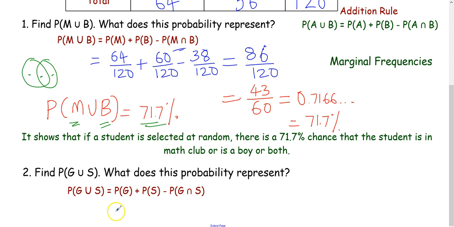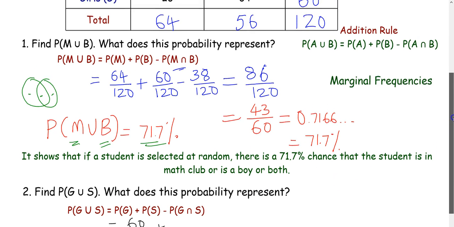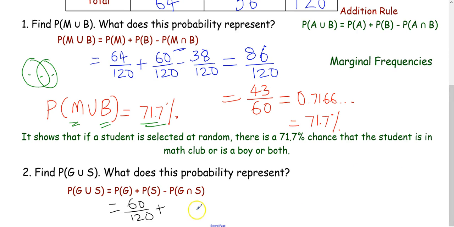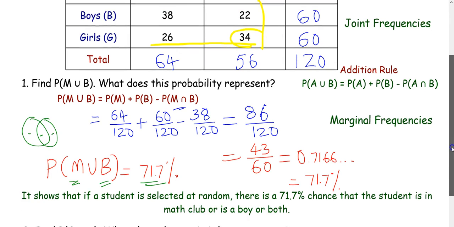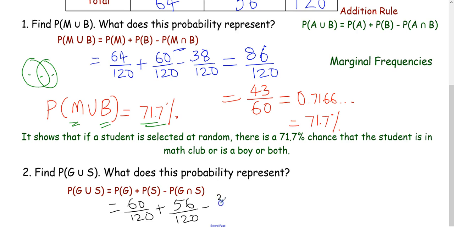Carefully, P of G is the number of girls, so you write 60 over 120, and then for the science club it is 56 over 120. The common between G and S is girls and science, that is 34 over 120. So, there were 60 girls out of 120 students, plus 56 students in science club, so 56 over 120, minus the common part between G and S, that is 34 over 120.